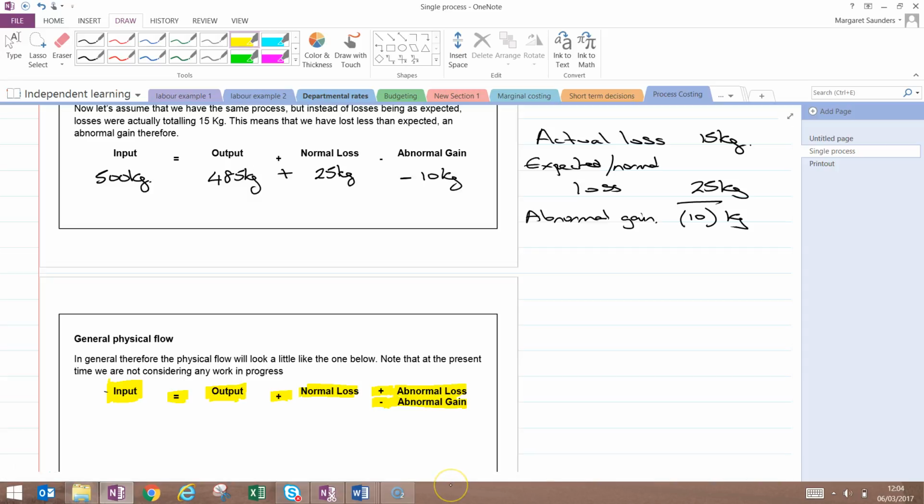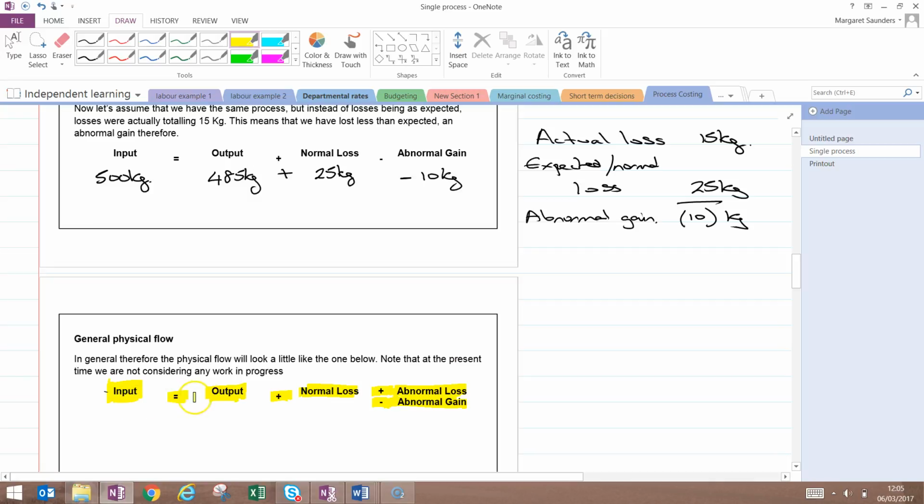For each process there could be either a loss, an abnormal loss, or an abnormal gain. You should not have an abnormal loss and an abnormal gain in the same physical flow. So you will either write plus an abnormal loss or it will be minus an abnormal gain.